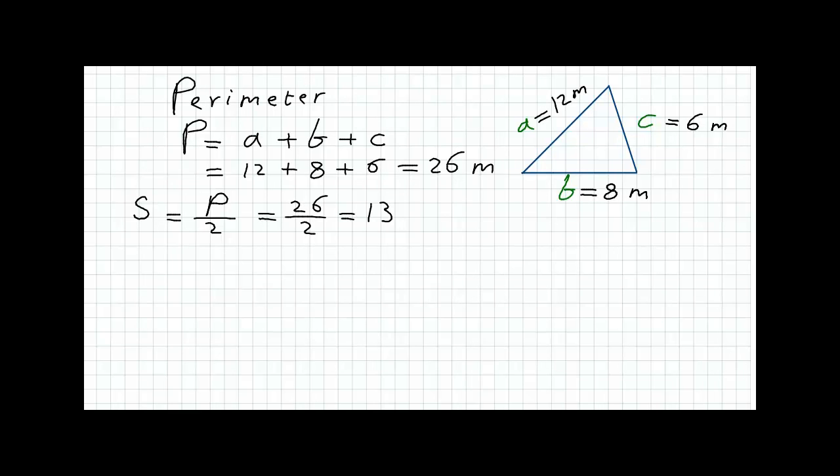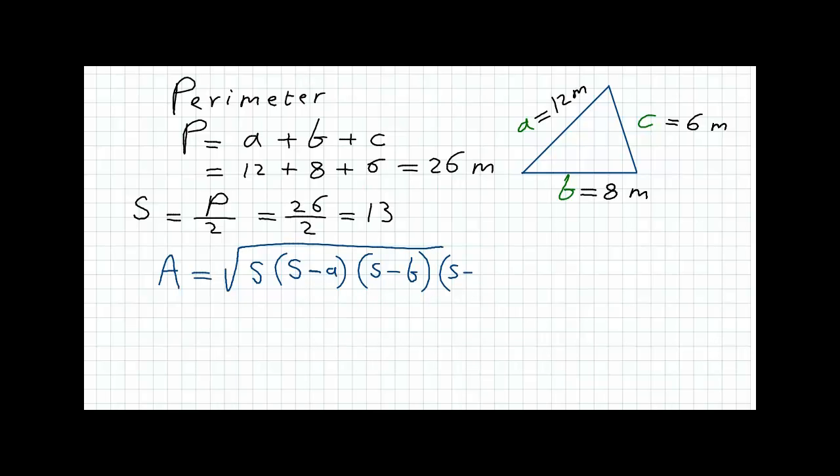Now our formula says that if you want to find the area, it is equal to the square root of S times the difference between S and the side A times the difference between S and the side B times the difference between S and the side C. Let us apply what we have in this formula.